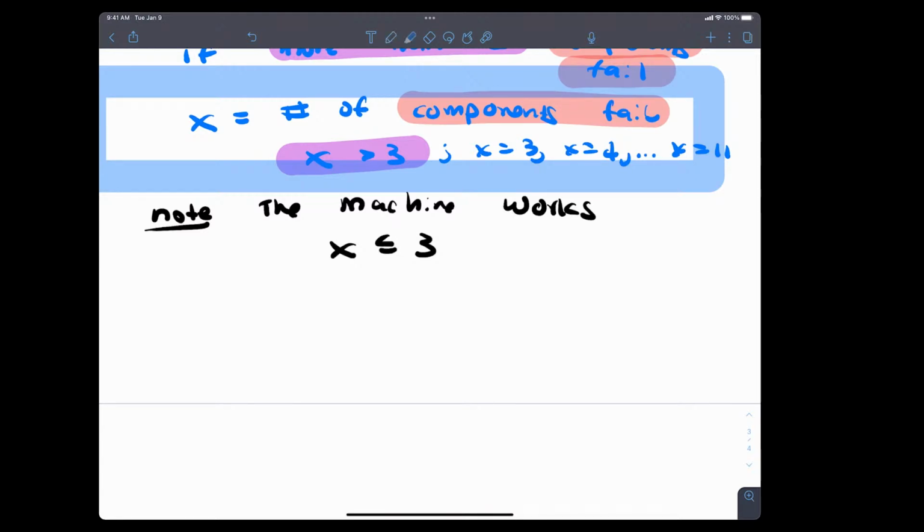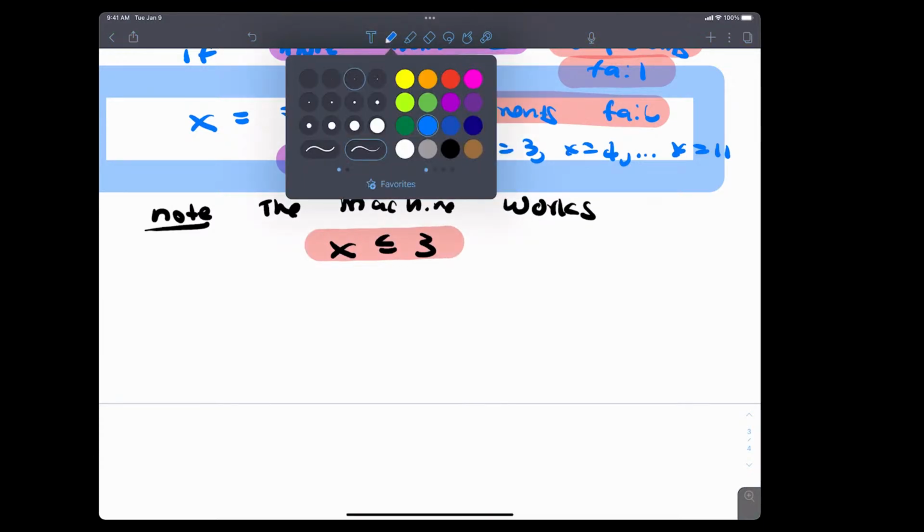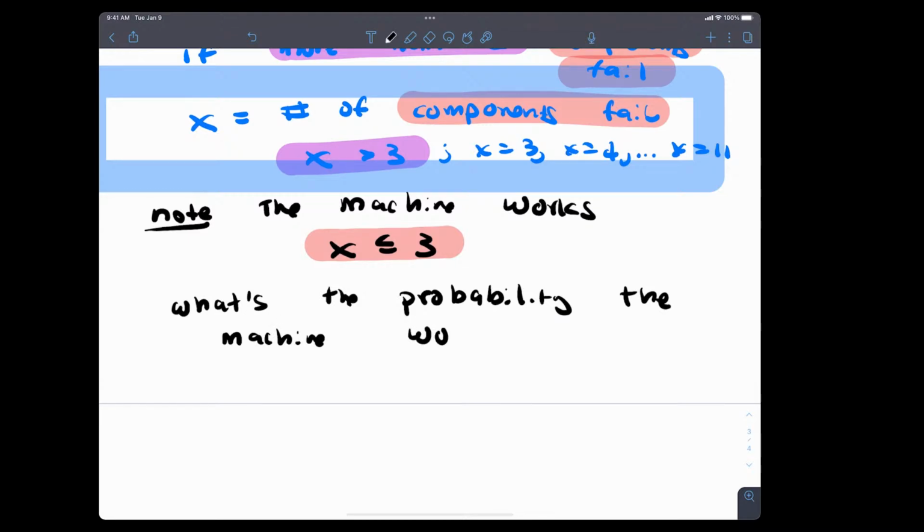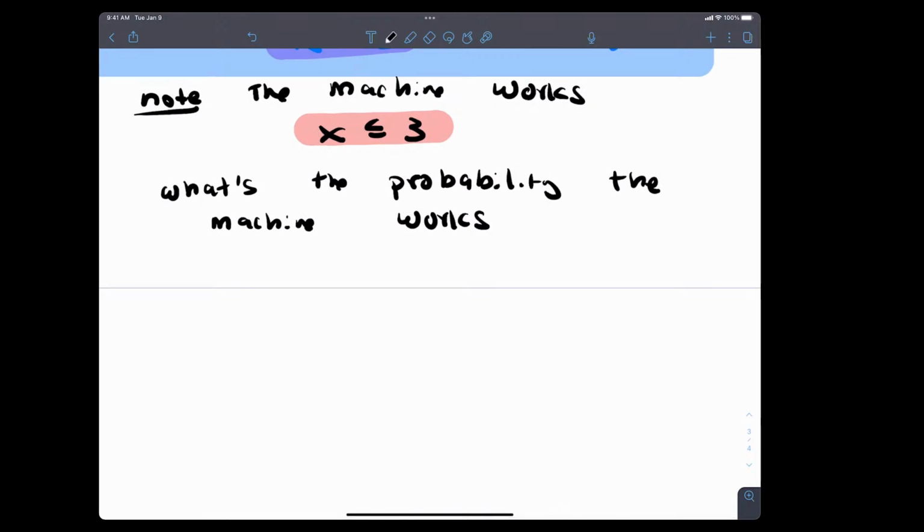And this is what we're going to end up using, because what they're going to ask us is, what's the probability that the machine works? Okay, when X is less than or equal to 3, when no more than 3 components fail.